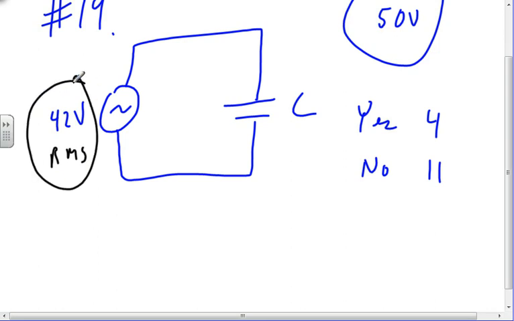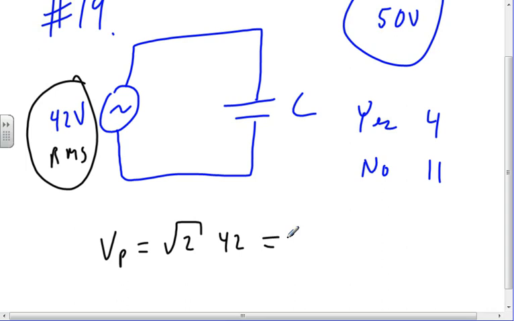Because it doesn't say it's not, right? In order for it to be other than RMS, it would have to have a P there, or a P to P there, right? Well, what is the peak voltage of this circuit? Square root of 2 times 42, which is what?